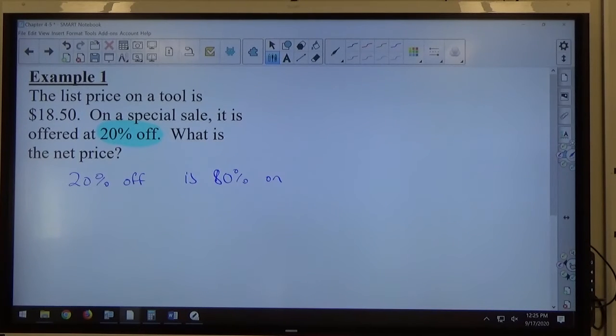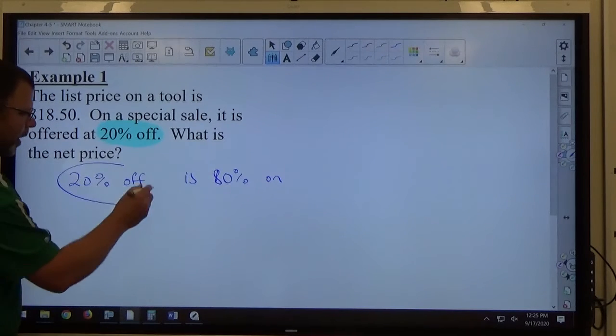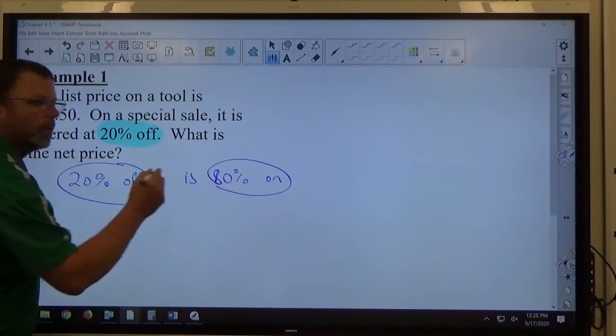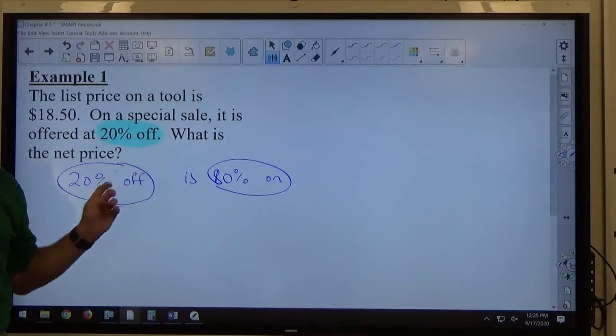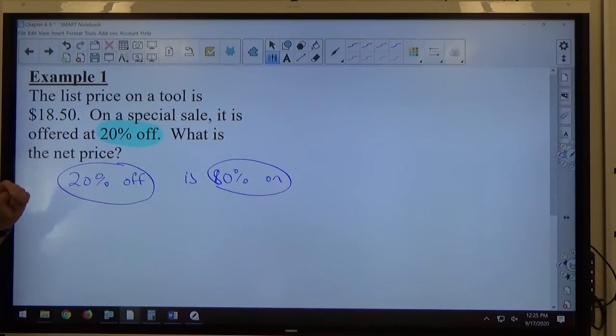Anytime you see any kind of percent off sale, it's taking a percent off of 100%. So if you take 20 away from 100, you're left with 80. These two numbers, 20 and 80, add up to 100. So the new price of the tool is going to be 80% of the original price. The original price is this.